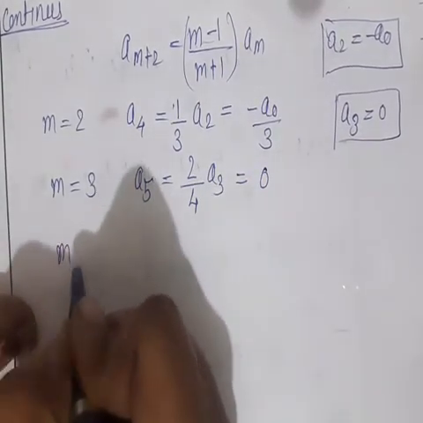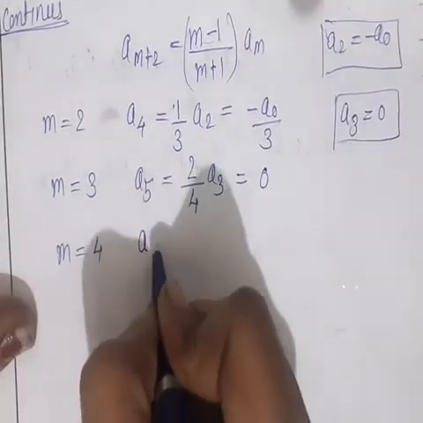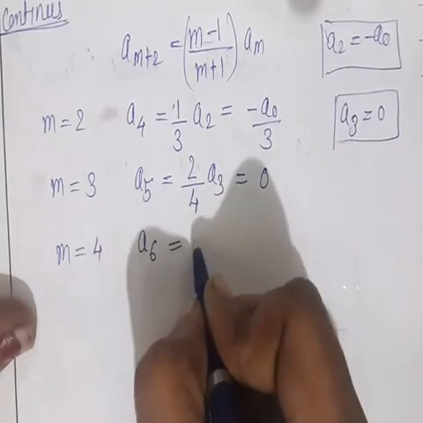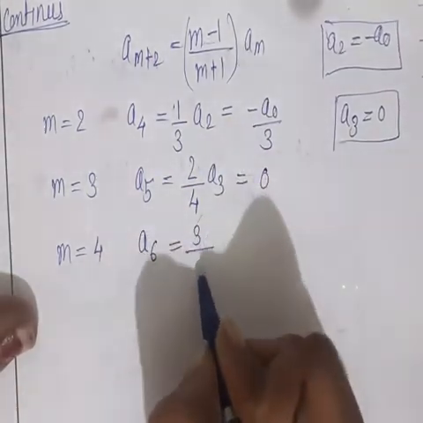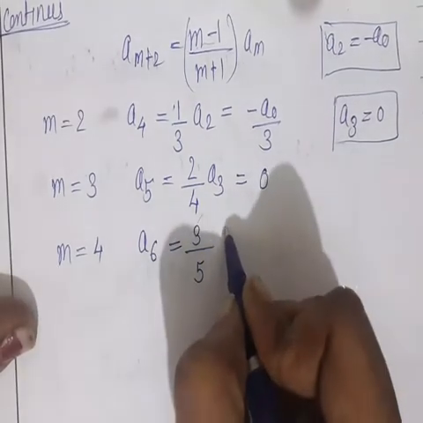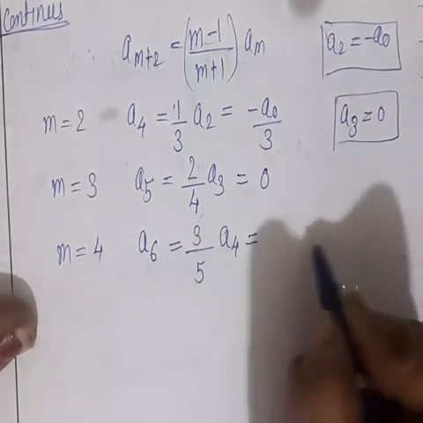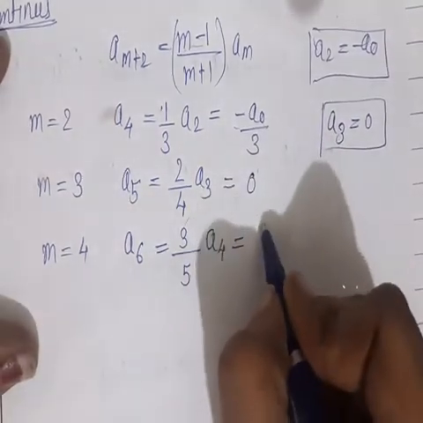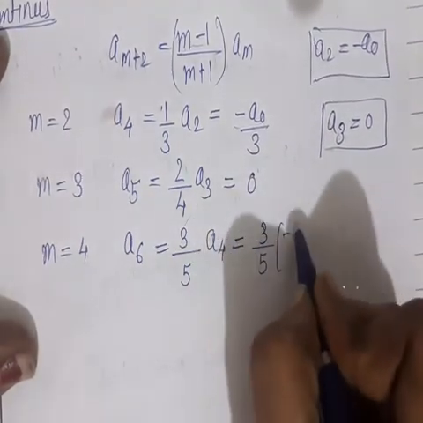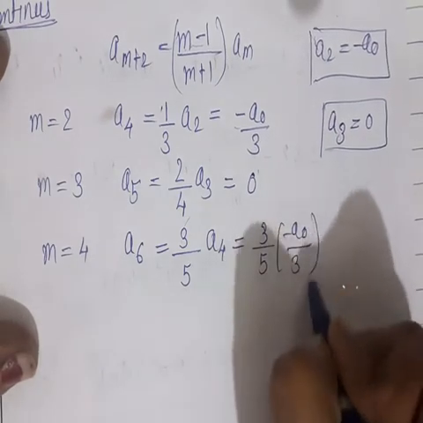Next m is equal to 4. a6 is equal to 4 minus 1 is 3, divided by 5, multiplied by a4. Now a4 can be written as minus a0 by 3. So it is 3 by 5 multiplied by minus a0 by 3.